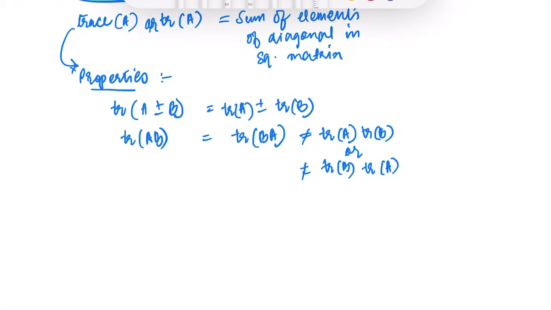Third, suppose k into A, where k is a scalar, then we can write it as this. Alright, A is a matrix. Okay, I hope it's clear.